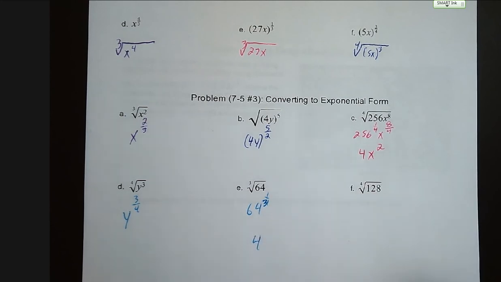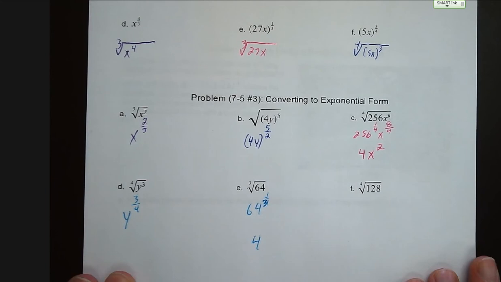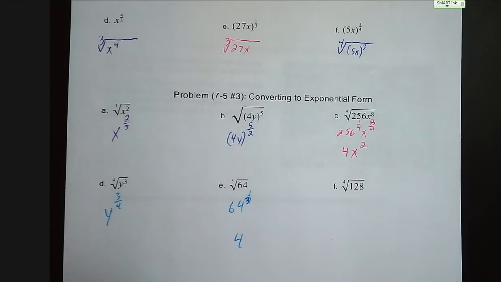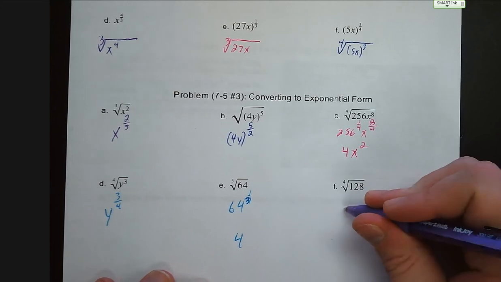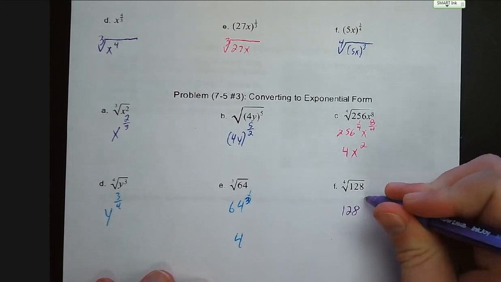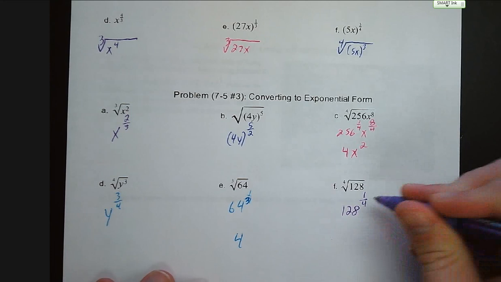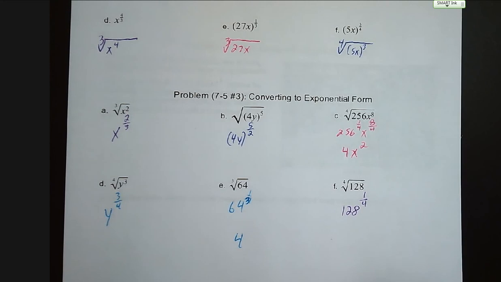We've seen that already. And letter F, we're taking the 4th root of 128. So that is 128 to the 1/4 power.